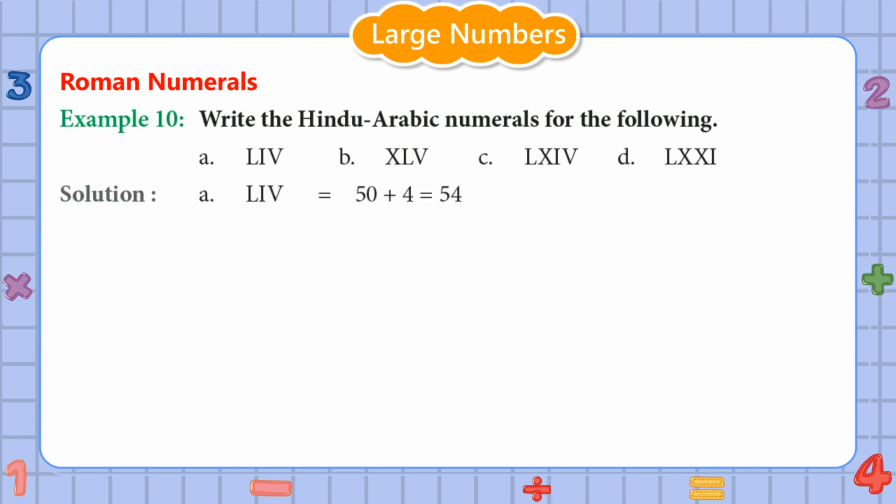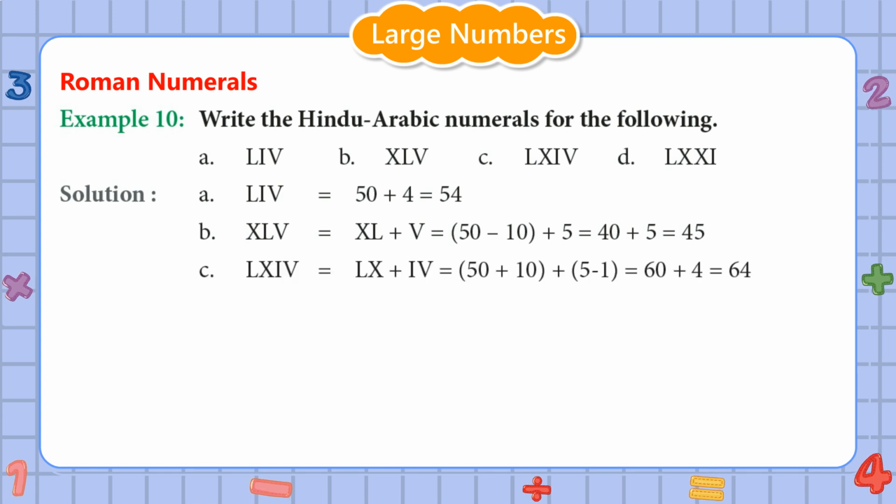Solution: A. LIV is equal to 50 plus 4 is equal to 54. B. XLV is equal to XL plus V is equal to 50 minus 10 plus 5 is equal to 40 plus 5 is equal to 45.